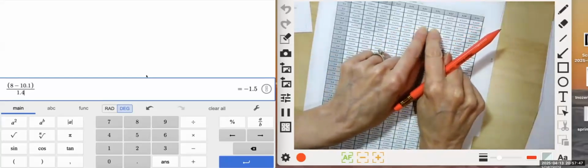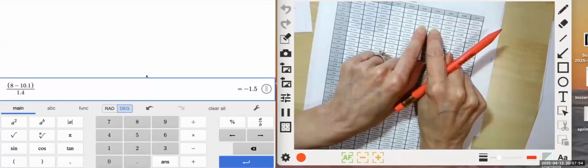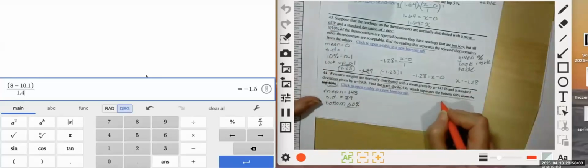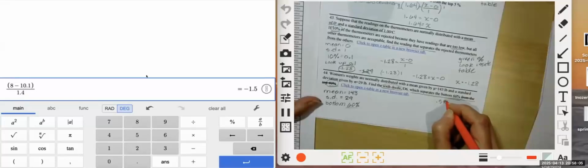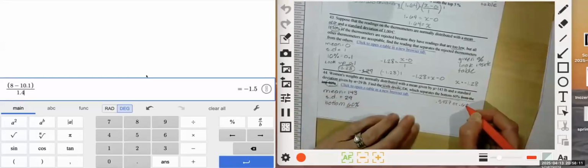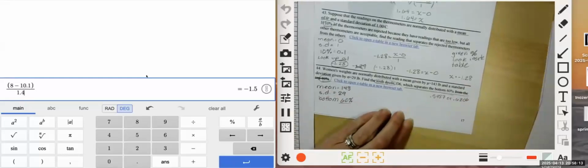All right. So I'm seeing it's between 0.5987 and 0.6026. Okay, so how do we determine which one we're going to use?